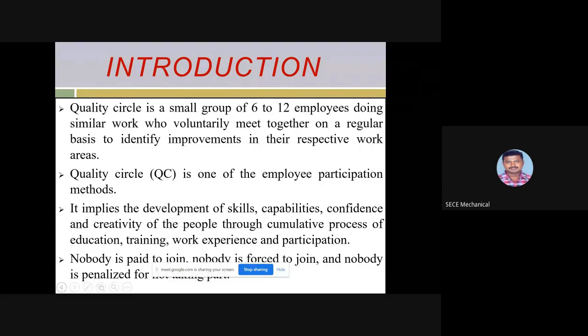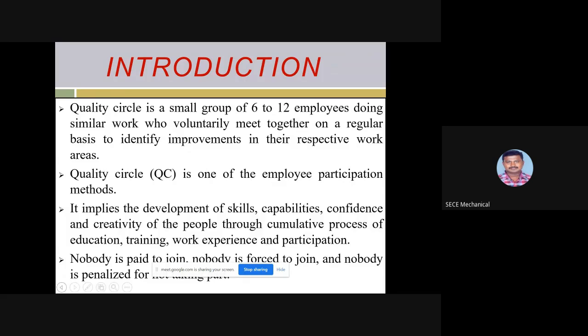First of all, we want to know what is meant by a quality circle. Quality circle is also known as a quality control circle.